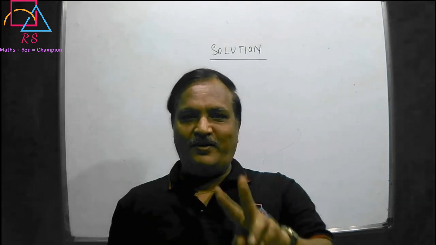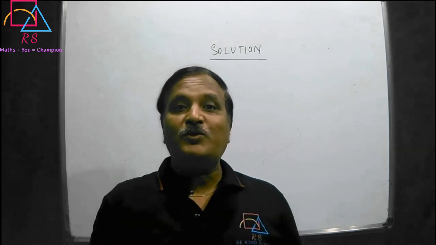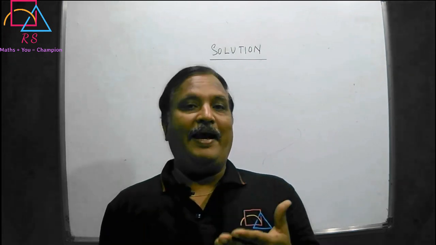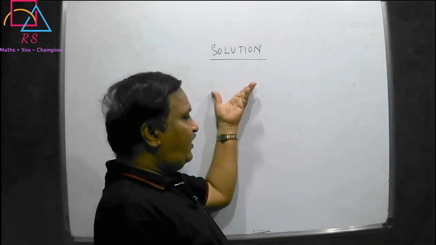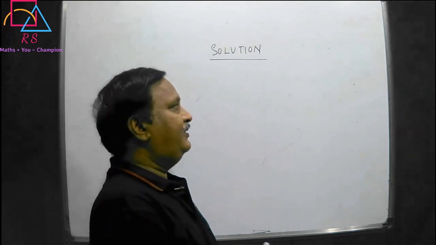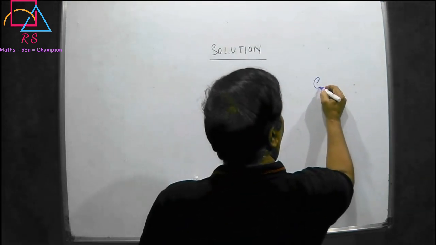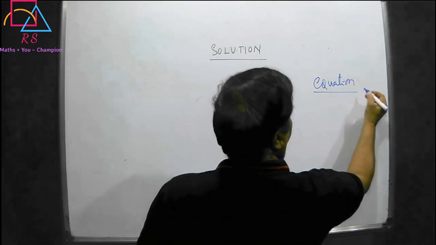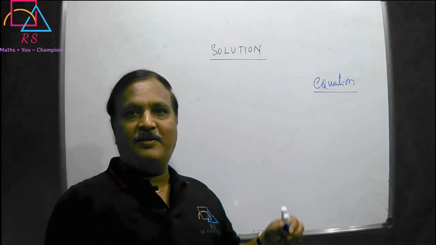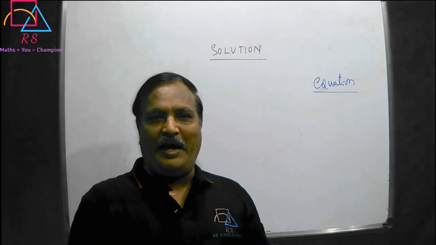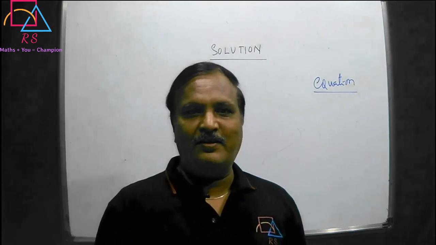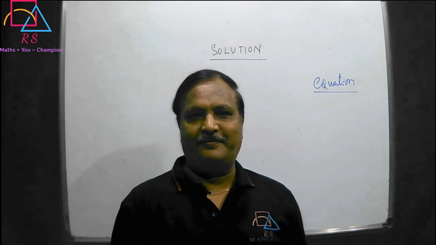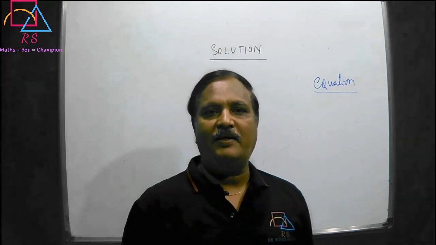If there are two variables, the values of the variables at which the equation gets satisfied. Again I repeat, the solution is the value of the variable or variables where the equation gets satisfied. Let us understand by an example.